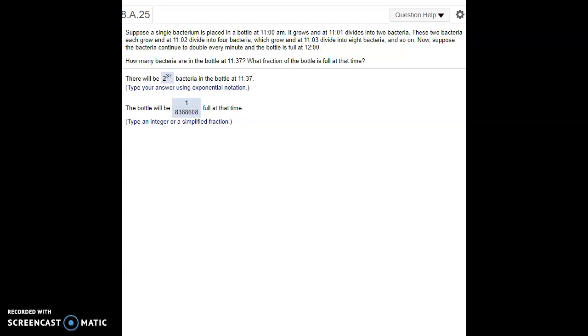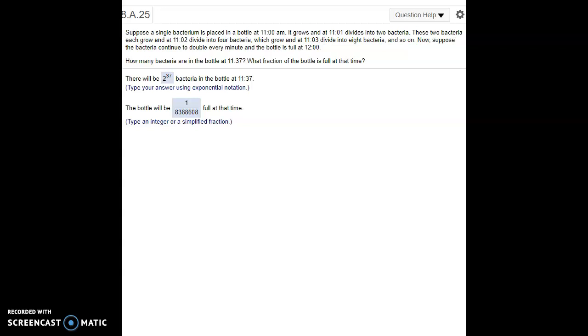So we've got two questions here, and this type of question you're going to see a similar question in the 8A study guide on page 8, and you'll see a little graph visually demonstrating what's happening as the bacteria continue to double.